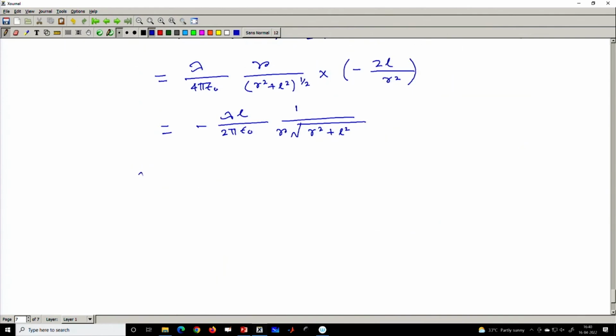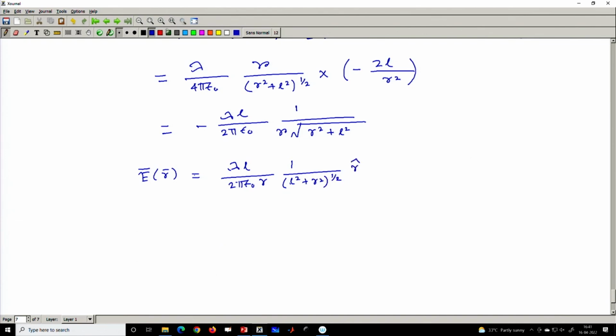So my electric field E at point r, due to the wire having length 2L, is simply lambda L divided by 2 pi epsilon 0, and then R, and then 1 divided by (L square plus R square) whole to the power half, and R unit vector.